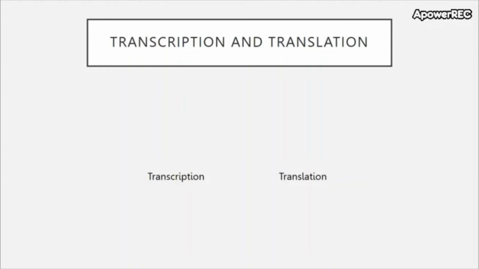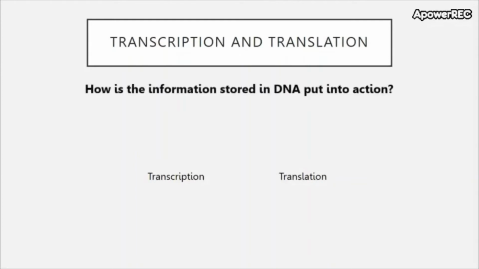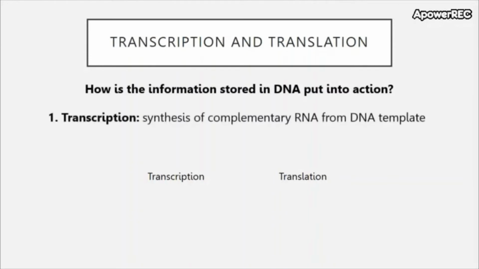So let's look at the process of transcription and translation. That is, how the information stored in DNA is put into action. DNA is first transcribed. The process of transcription involves the synthesis of a complementary RNA strand from a DNA template.